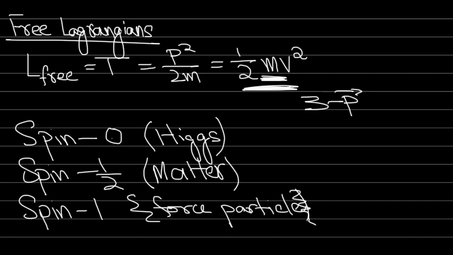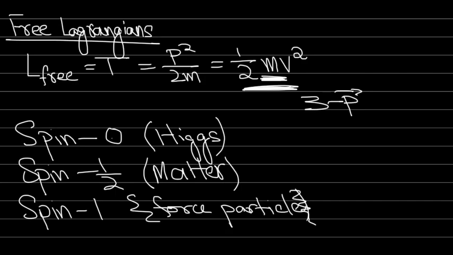Now I have something to say here: we are not going to derive these free Lagrangians. Of course, doing so can be done in various ways at different levels of sophistication. And to be brutally honest with you all, several of these Lagrangians were actually guessed in their original discovery.